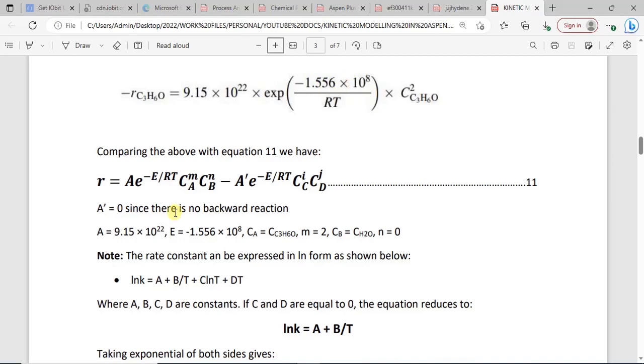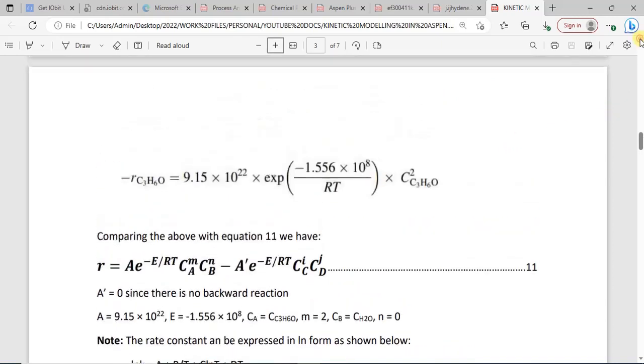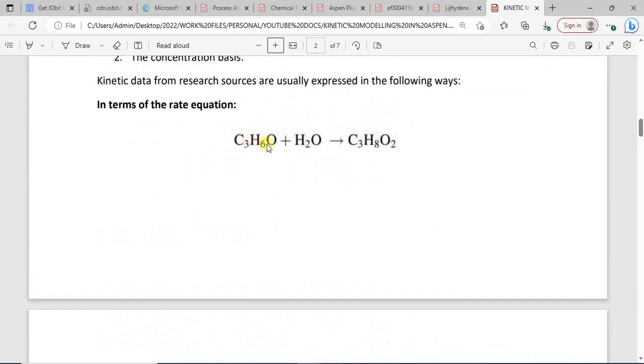Then from here, you have CA is going to be C3H6O, and M is going to be 2. If you compare equation 11 and this rate expression, you see that M is equal to 2, and then CB is equal to CH2O, because we have A plus B. So A is C3H6O while B is H2O.